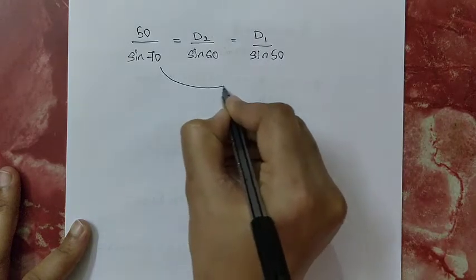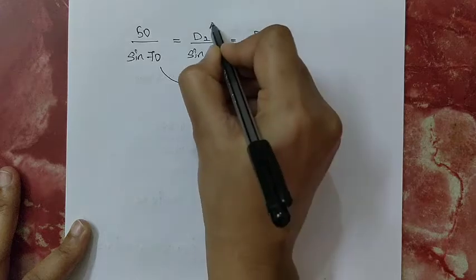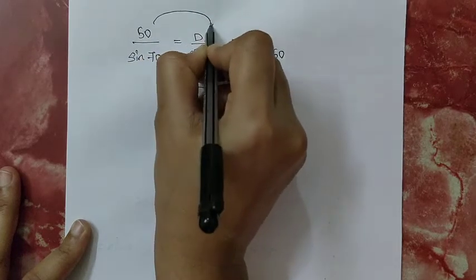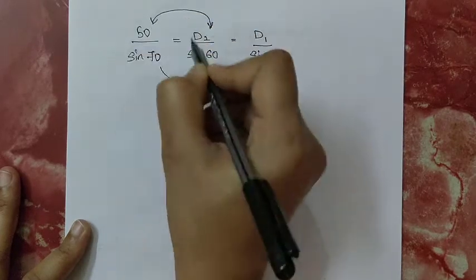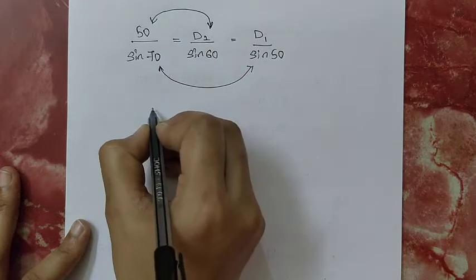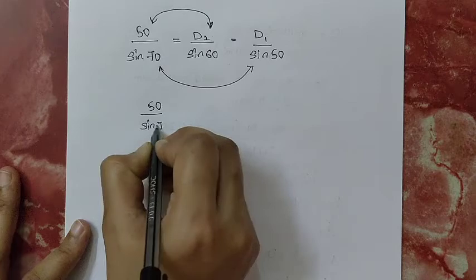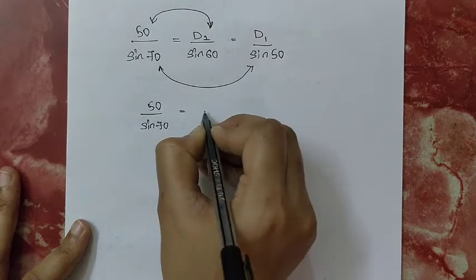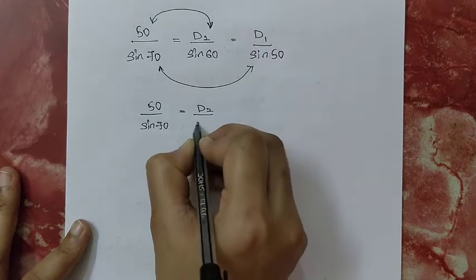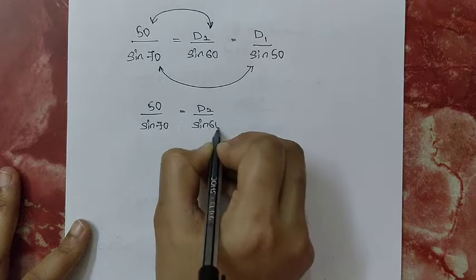Then equating these two, and similarly these two. 50 divided by sine 70 equals D2 by sine 60.